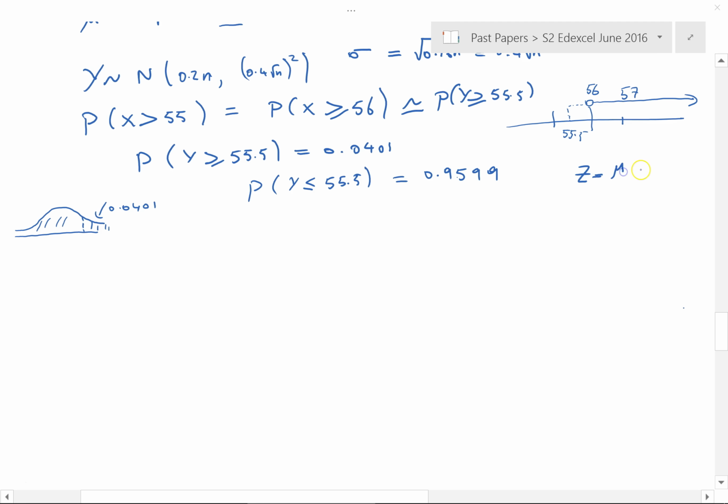Now what we do is we change to the standardized normal distribution, where Z is equal to the value X, or Y in this case, take away the mean, divided by the standard deviation.